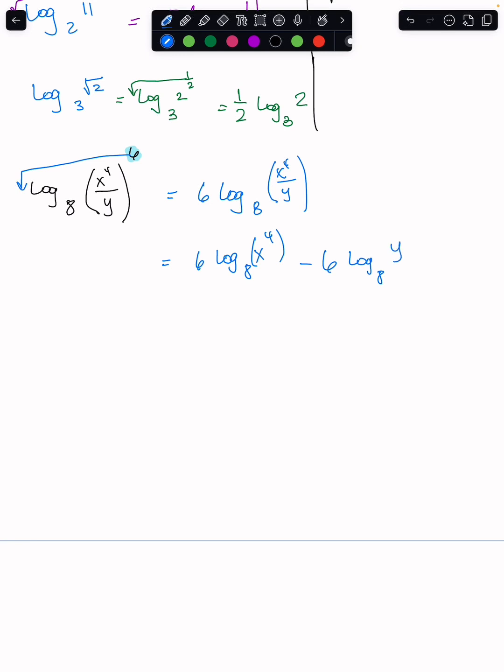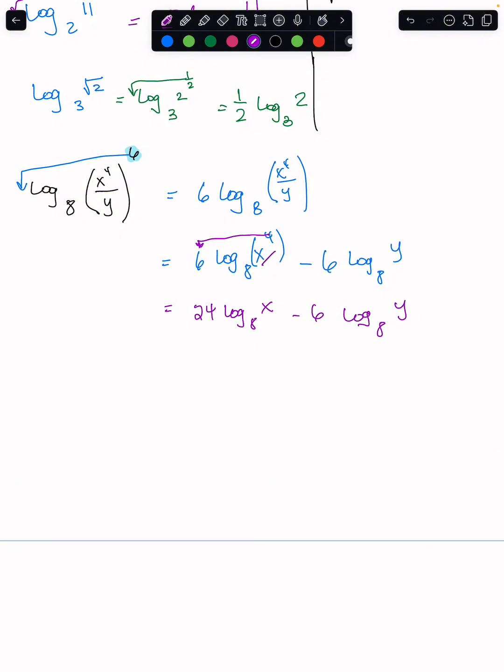And then, here we go again, we have a power, so this also has to drop, and when that drops, that ends up multiplying. This ends up becoming 24 log 8 to the x minus 6 log 8 to the y. Okay, so that one wasn't too bad.